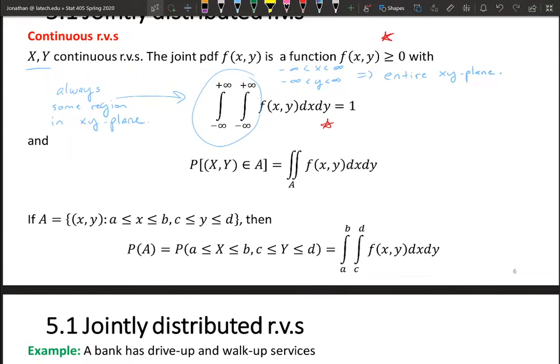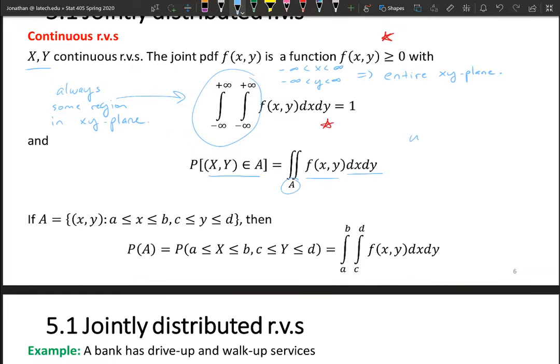Now, how do you calculate the probability that X and Y are in some region A? Well, we do the double integral over that region A of f of x, y, dx dy, or dy dx. It depends on how you set up your bounds for your region A. For the most part, though, we're going to just use constant bounds.